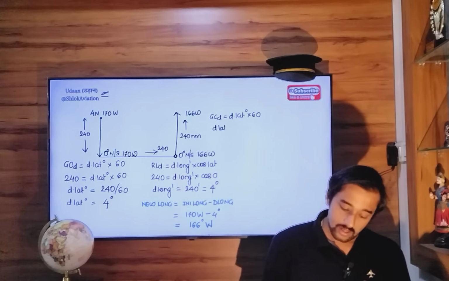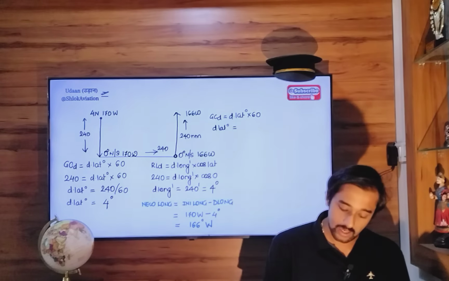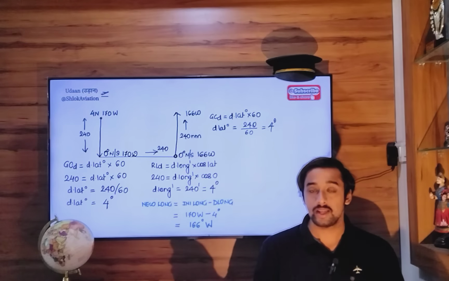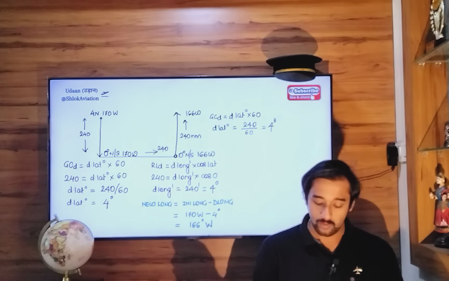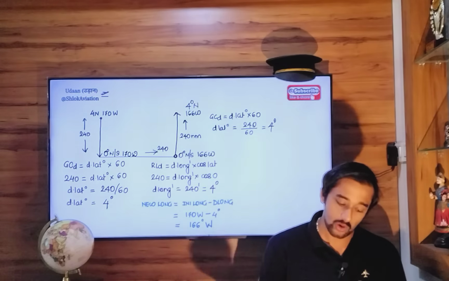So d lat equals 240 by 60, which is 4 degrees. Now when you travel in the northerly direction from the equator, the latitudes will increase. So new latitude will be 4 degrees north.